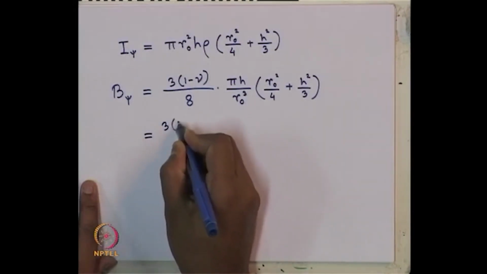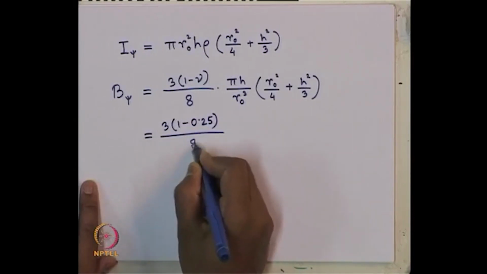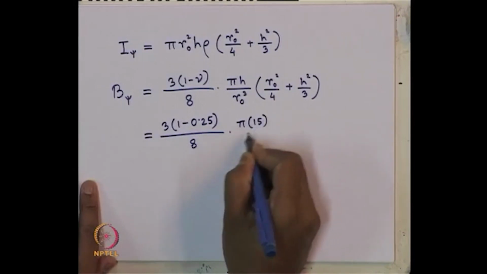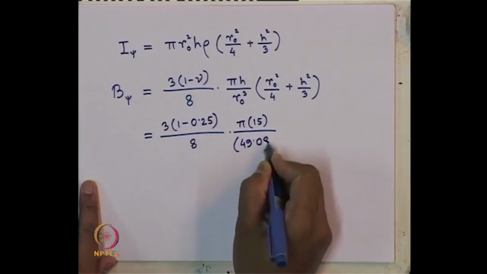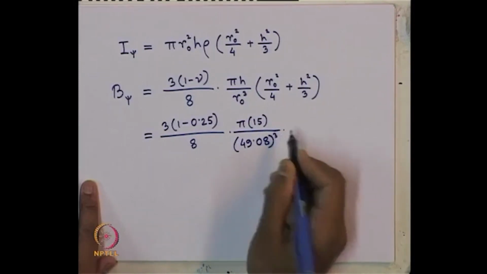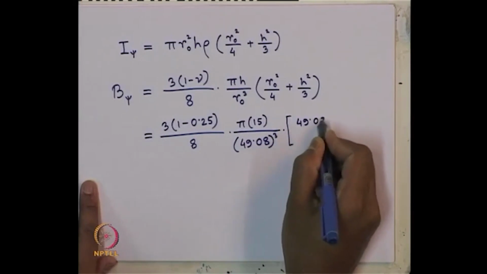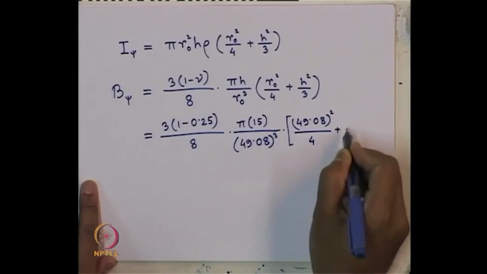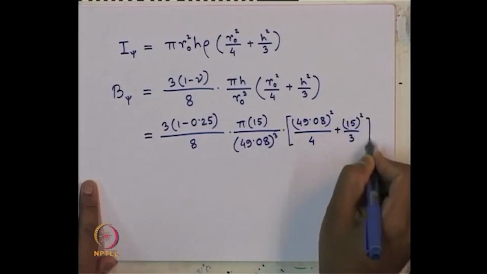So, 3 into 1 minus 0.25 by 8, pi into 15, this is 49.08 whole cube, then this is 49.08 whole square by 4 plus 15 square by 3.